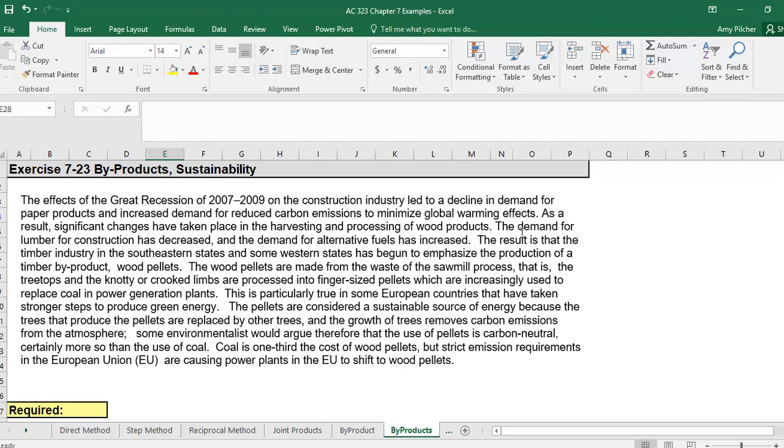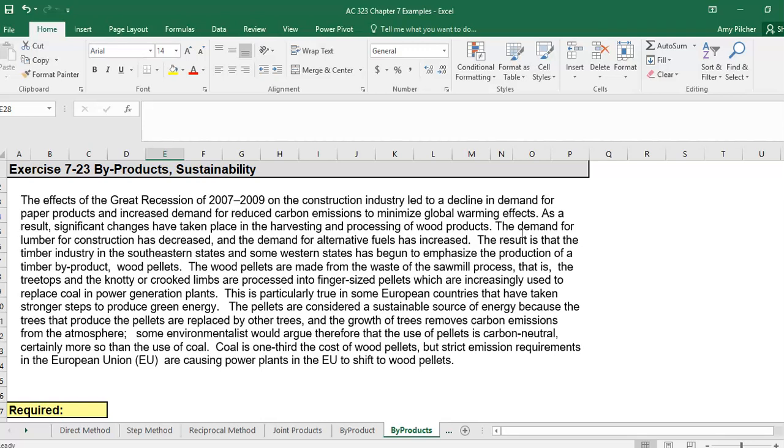Wood pellets are made from the waste of the sawmill process. That is, the tree tops and the knotty or crooked limbs are processed into finger-sized pellets, which are then used to replace coal in power generation plants. This is true in European countries that have taken stronger steps to produce green energy.